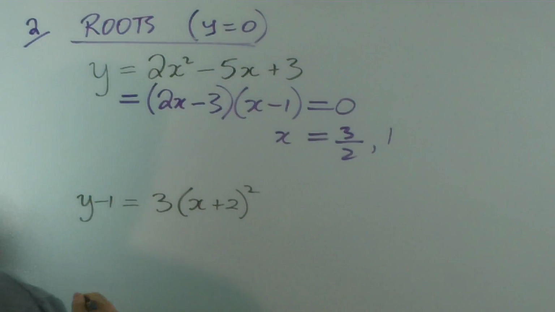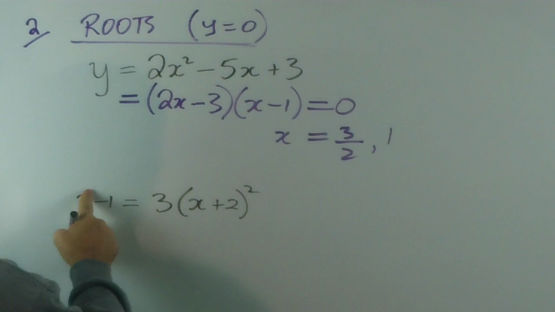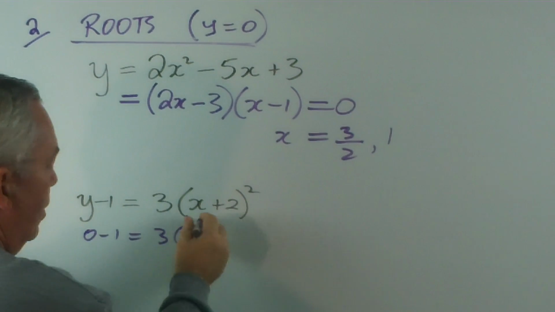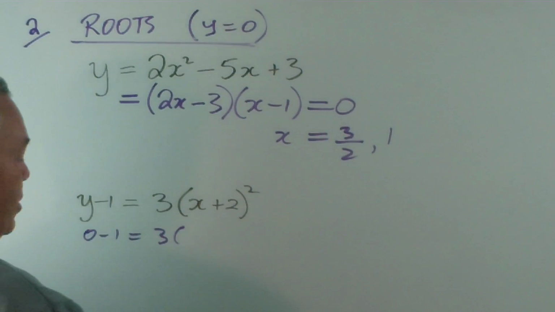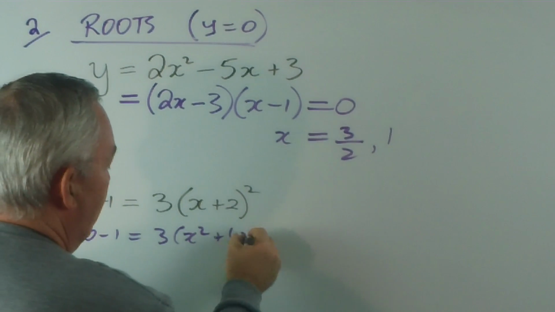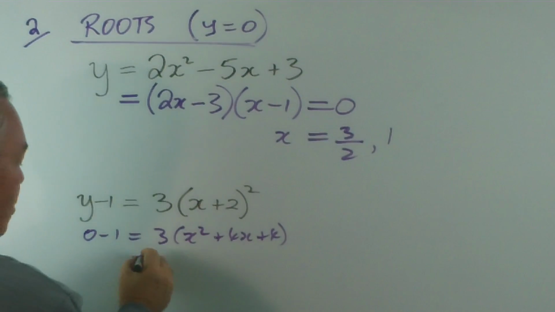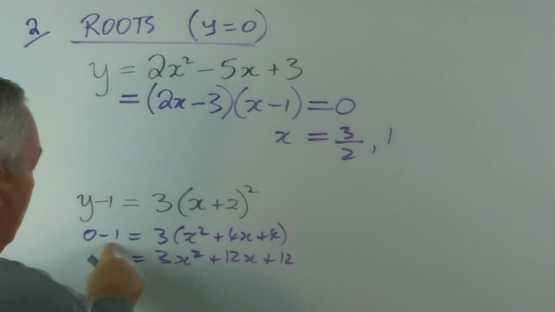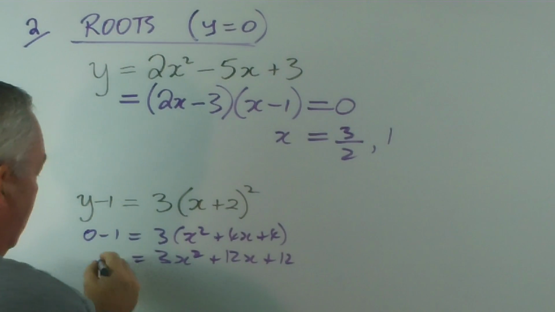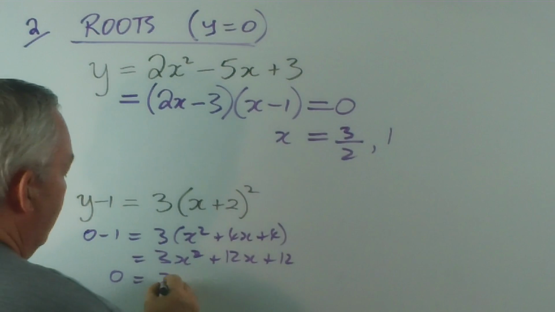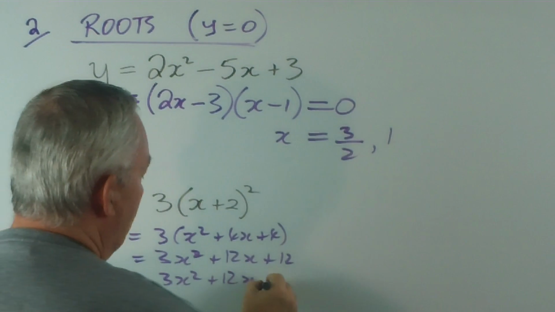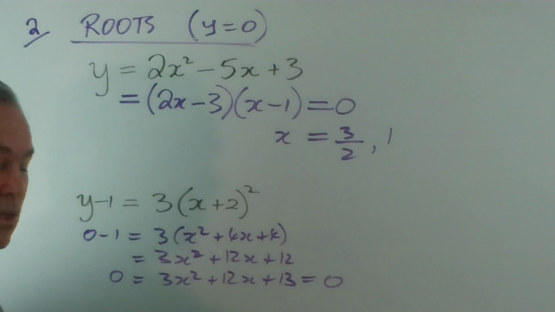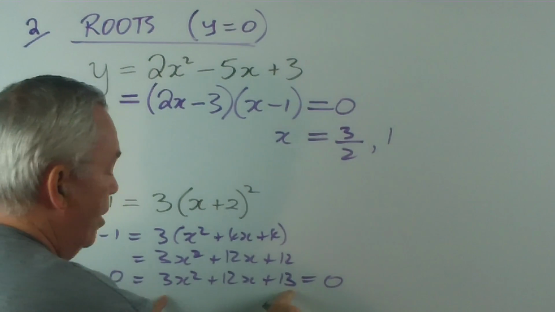This one, we would have to set y equal to 0. So I would write 0 minus 1 equals 3 lots of, and then I would start expanding because I would have to rearrange the equation. x squared plus 4x plus 4, multiply it all out, 3x squared plus 12x plus 12, and I would add 1 to both sides, and that would make this 0, and I'll get 3x squared plus 12x plus 13, and if you like I'd put the 0 on this side because it's nicer to solve that way, and we would have to try to factorise that.